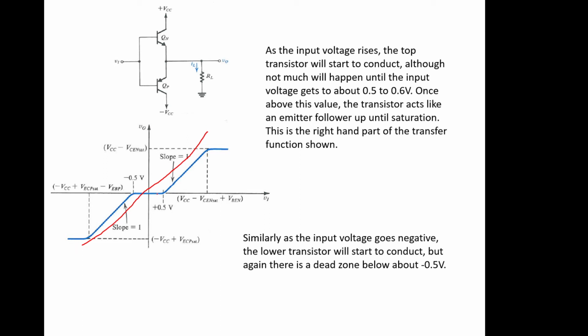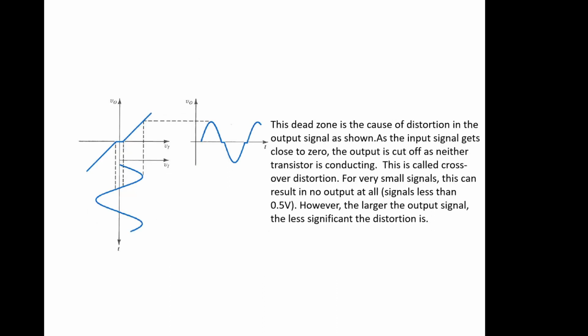What we've got is this sort of dead zone in the middle before it picks up. If this point is over here somewhere, then it's not so bad because this is a small percentage of the overall thing, but in this case it looks like it's quite significant. And what that means is that as we put our sine wave into this kinked transfer characteristic, for this bit here we'll get no change in output.